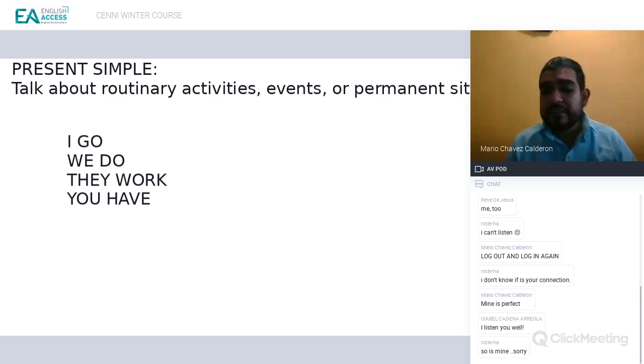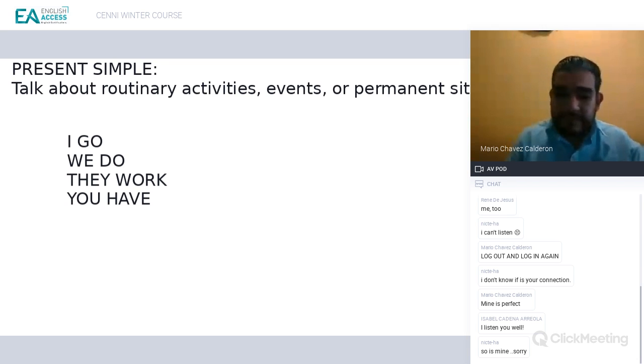But for the third person of the singular, at the end of the verb we add some suffixes, right? These suffixes can be the letter S, the ES, or the IES, right?